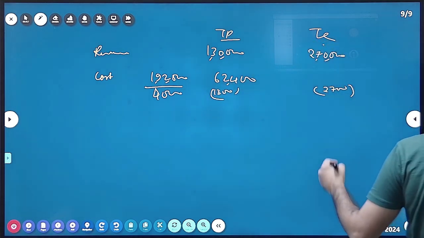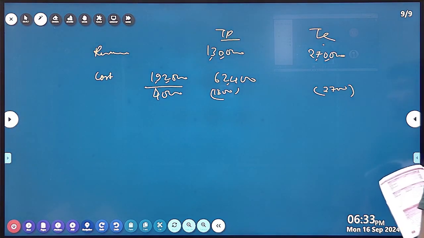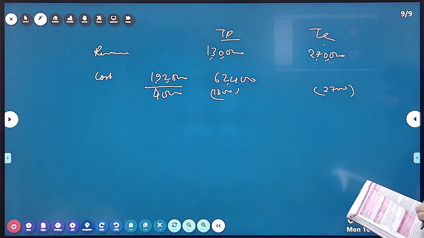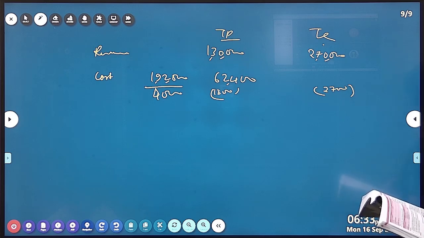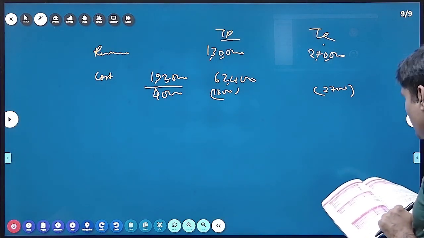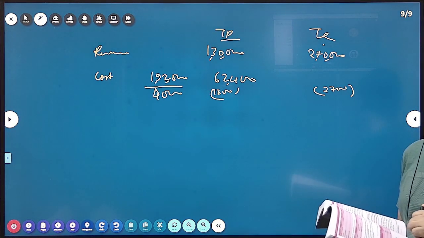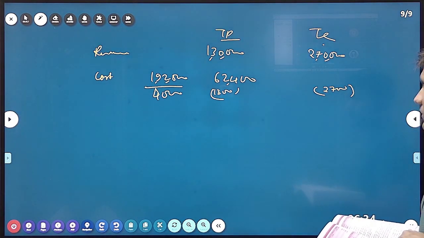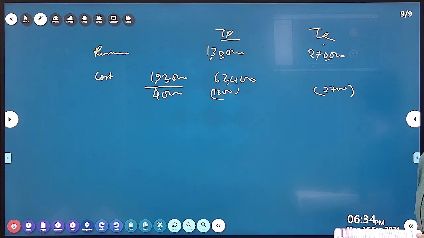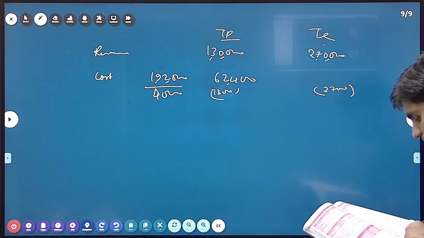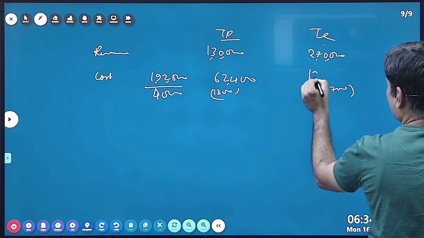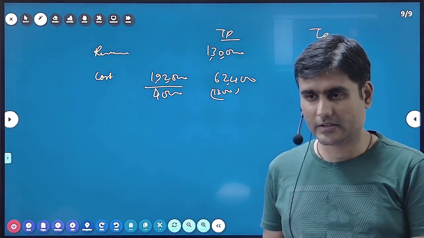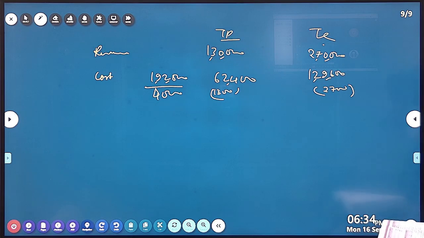For this it will be 1,92,000 divided by 4,000 into 2700, which is 1,29,600.